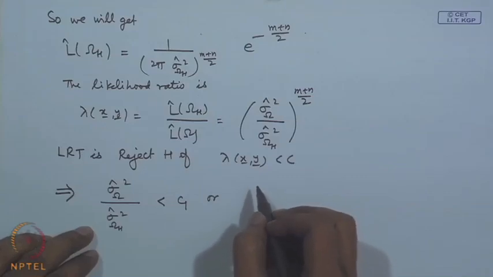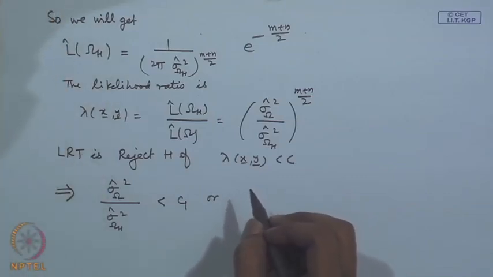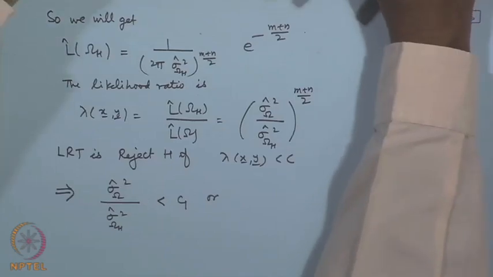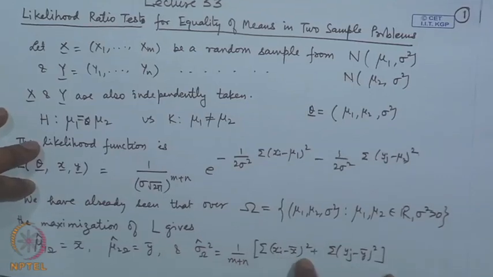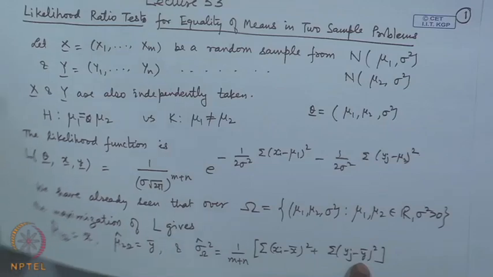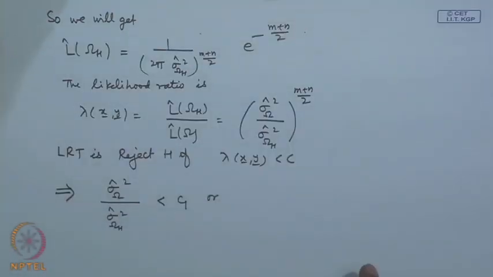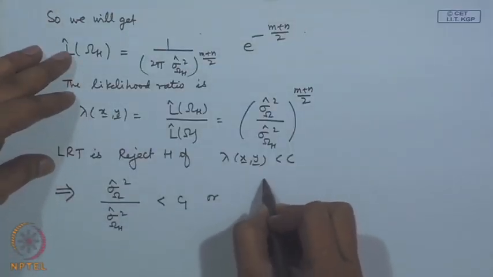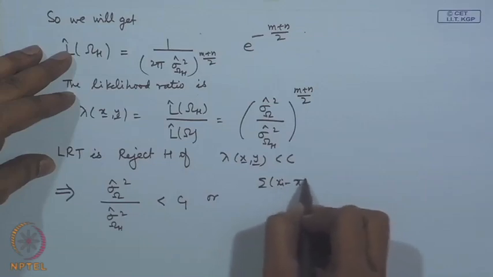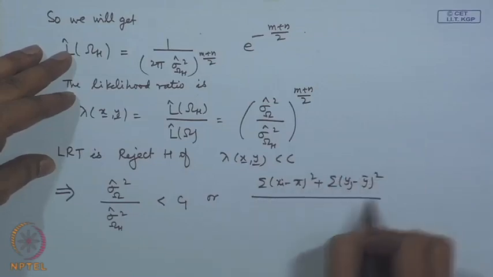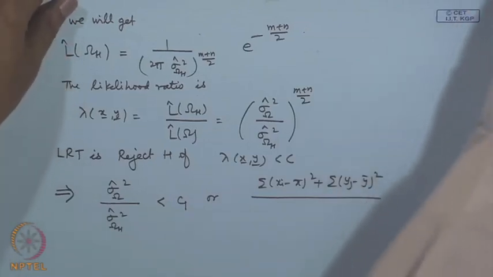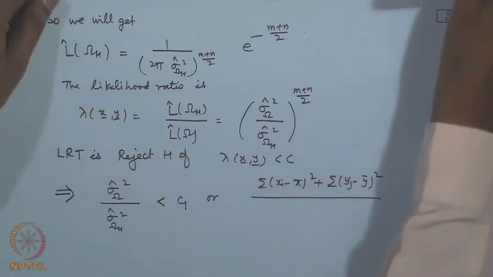Sigma omega head square was obtained as 1 by m plus n, sigma x i minus x bar whole square plus sigma y j minus y bar whole square, divided by sigma omega h head, which we calculated just now.